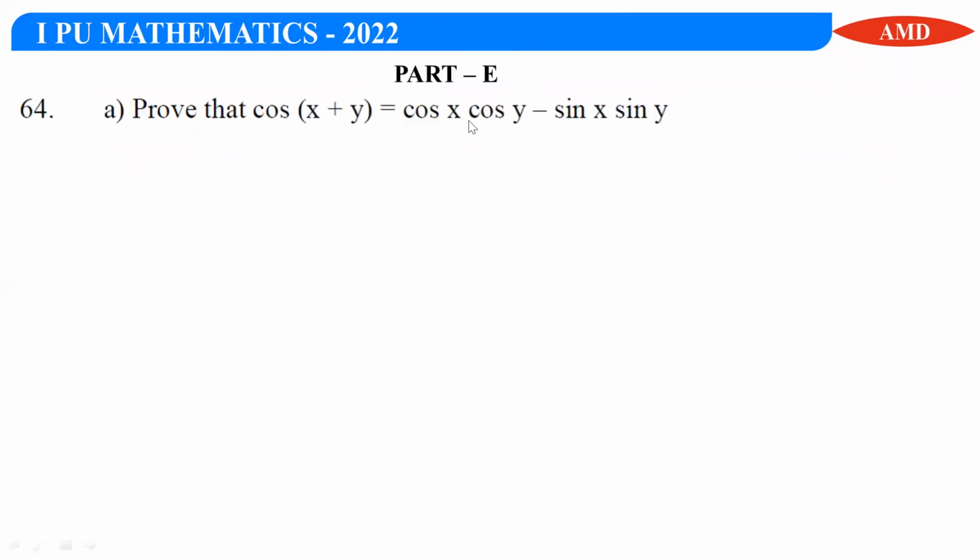Moving on to the last part of the question paper, that is part E. Here I have given you only one question. In fact, the whole part carries 10 marks, but this question actually carries only 6 marks. The other part, students might find it difficult because there are different options there.